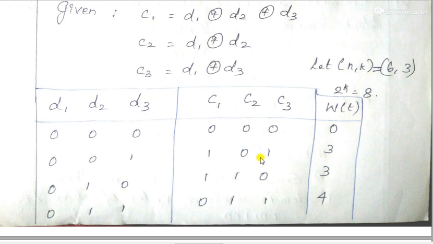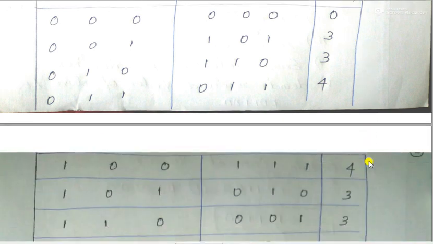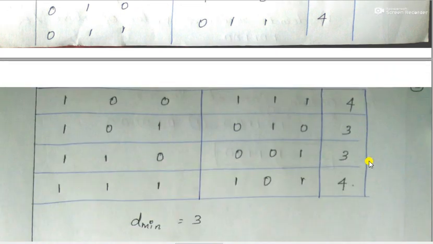C3 is D1 0 plus D3 1, so 1. Like that we can find C1 C2 C3. Now find the weight of the code vector, which means the number of ones. It is 1 1 1, so the weight of the code vector is 3. Like that we can find it for all the message vectors.